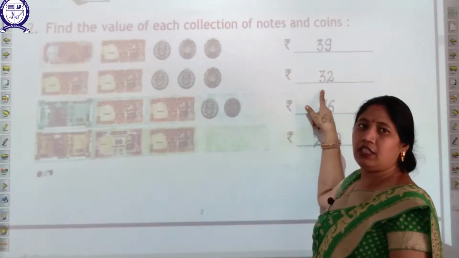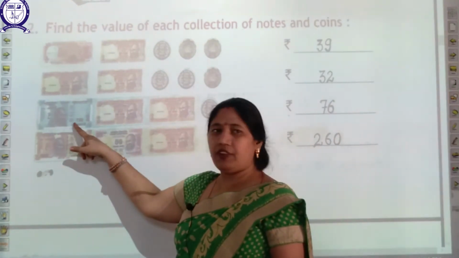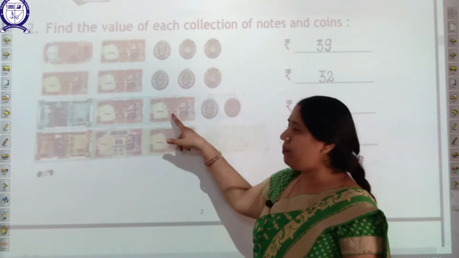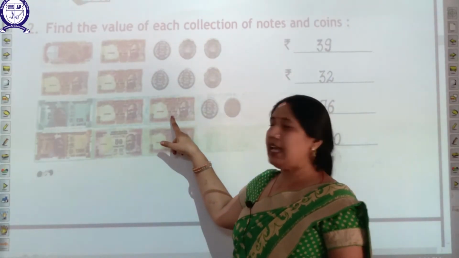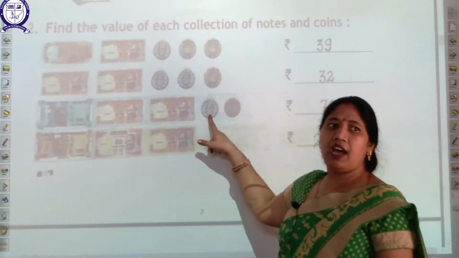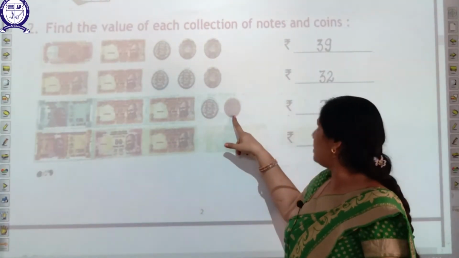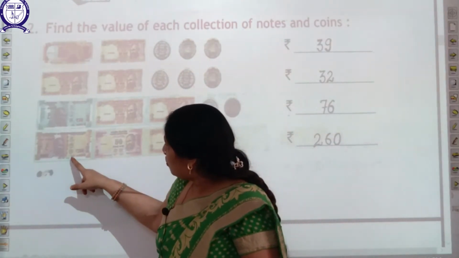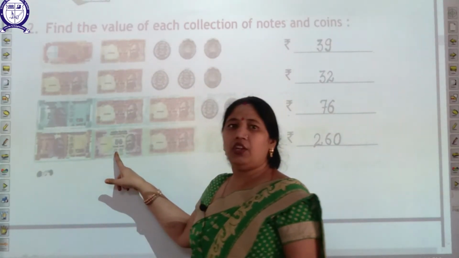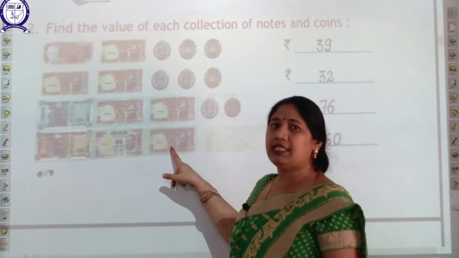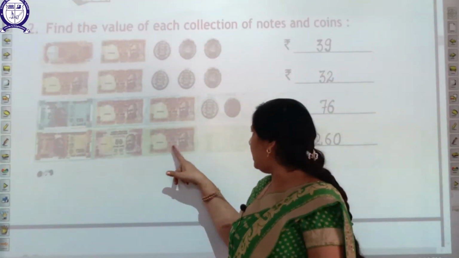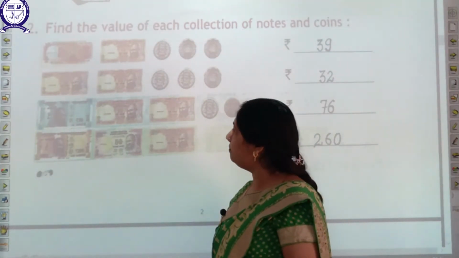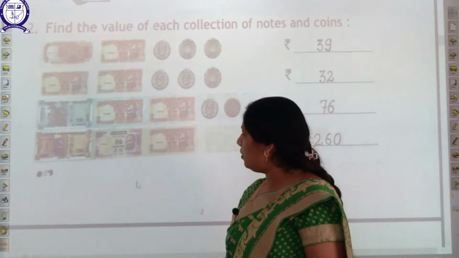We have to write here 32. 50, 50 plus 10, 60, 60 plus 10, 70, 70 plus 5, 75 plus 1, 76. 200 plus 50, 250 plus 10, 260. So we have to write here rupees 260. Come to the next.